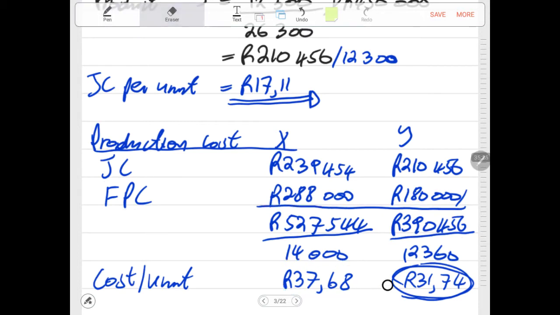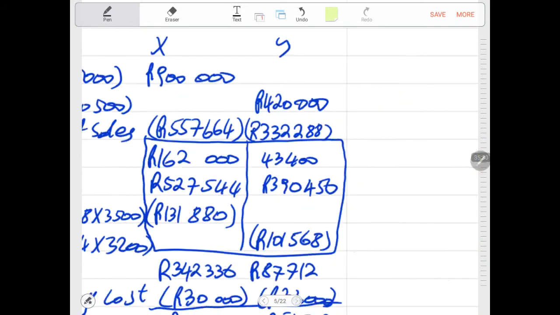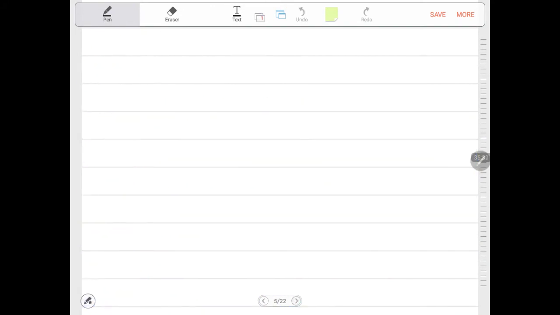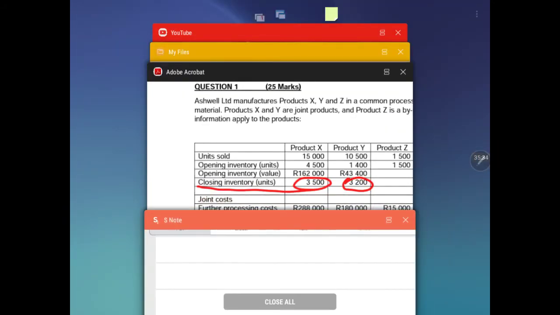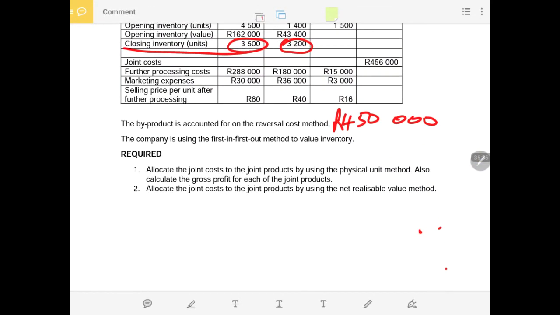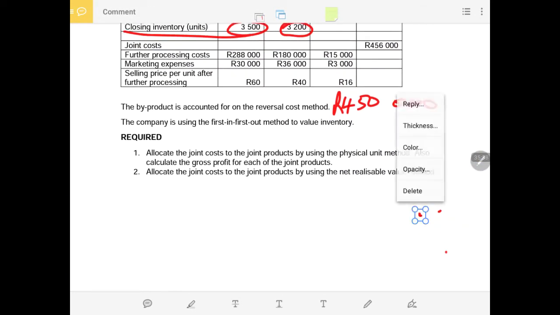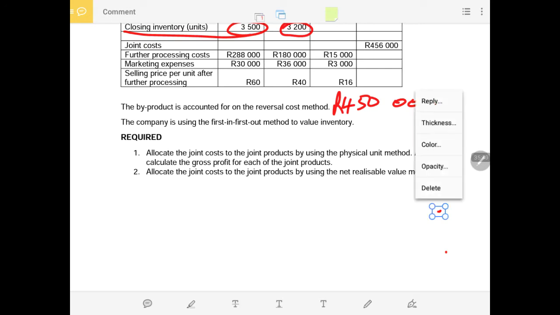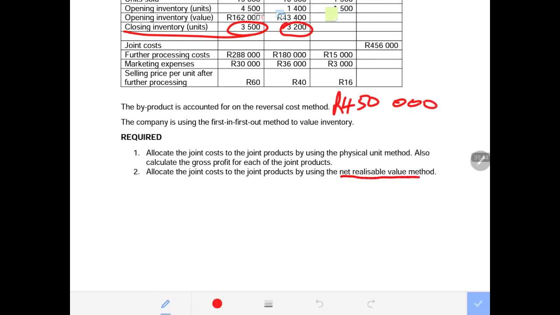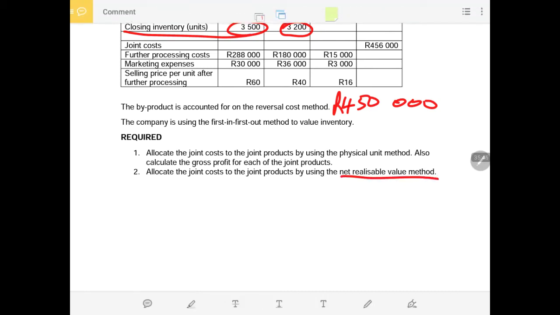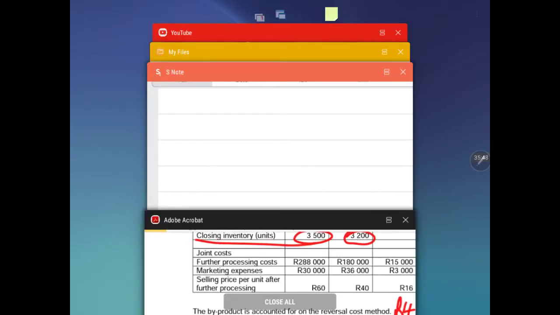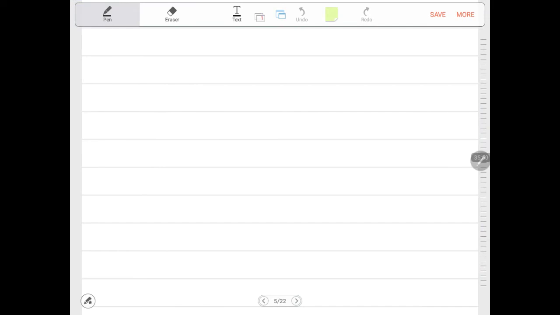Now let's go to the next requirement, where we are required to allocate our joint cost using the net realizable value method. Now, using the net realizable value method, remember our joint costs have already been adjusted by the revenue from the sale of the byproduct.